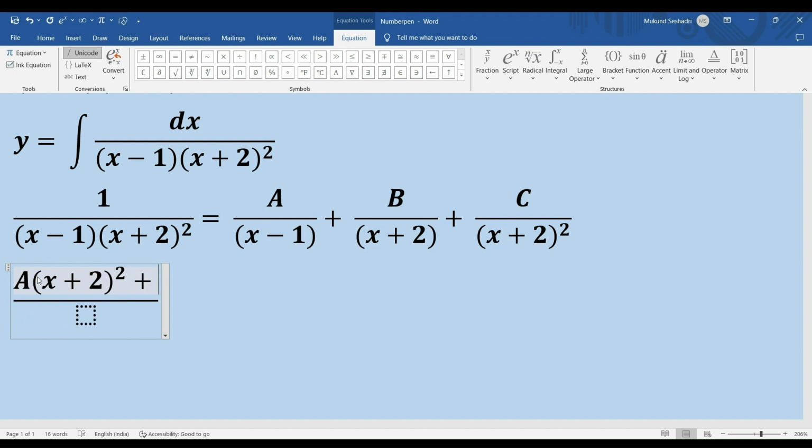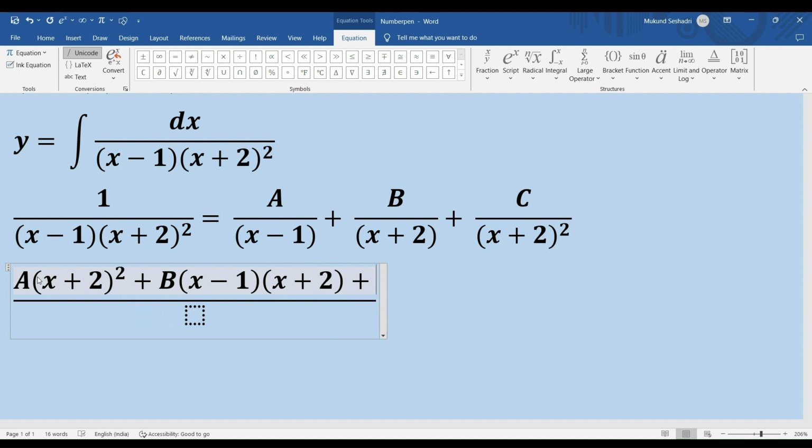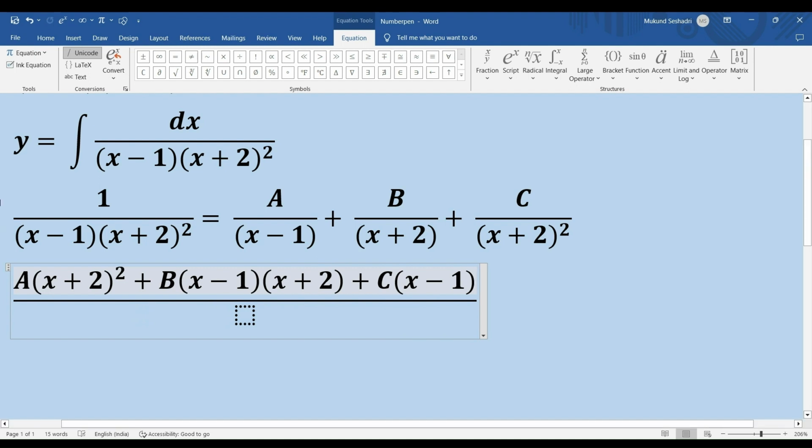Now I come to the second part, which is b divided by x plus 2. When I cross multiply, I get b times (x minus 1) into (x plus 2), right? And finally, I come to the third part, which is c divided by (x plus 2) the whole square, which is nothing but post cross multiplication, I get c into (x minus 1), right? Now my denominator remains as it is.